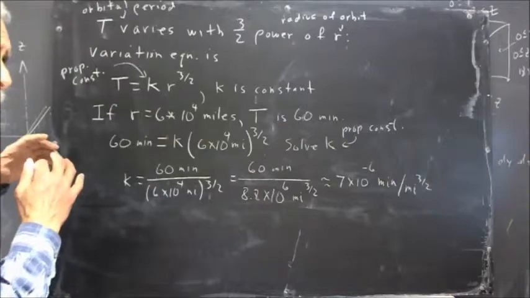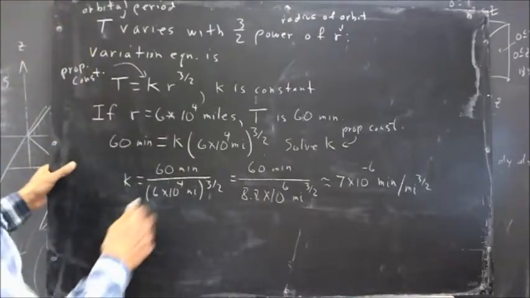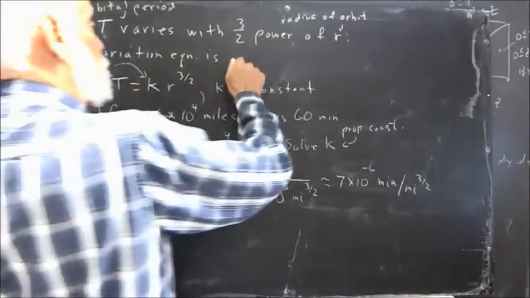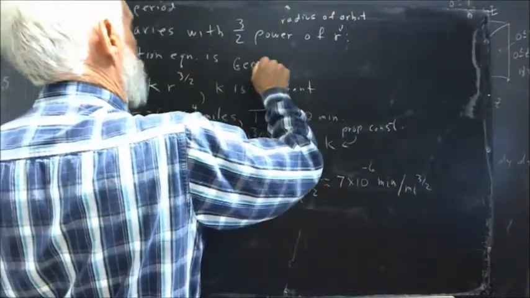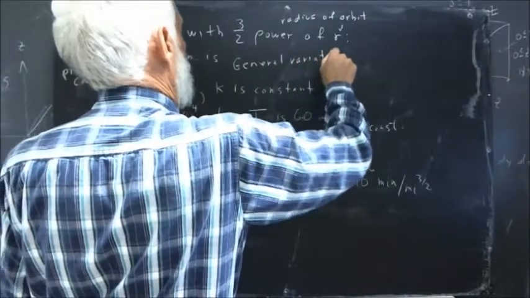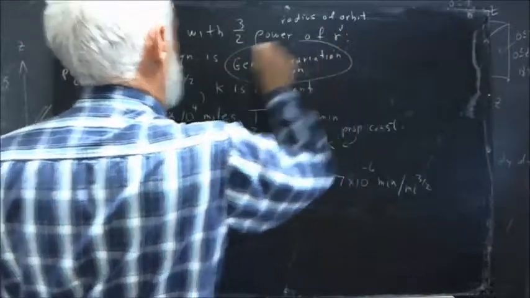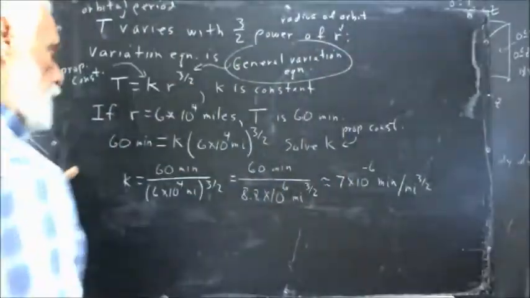Okay, now this gives us our specific variation equation. I call this the general variation equation here.